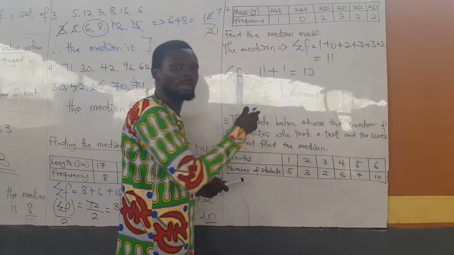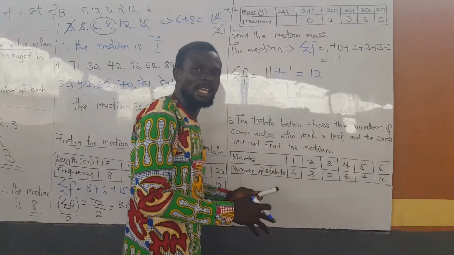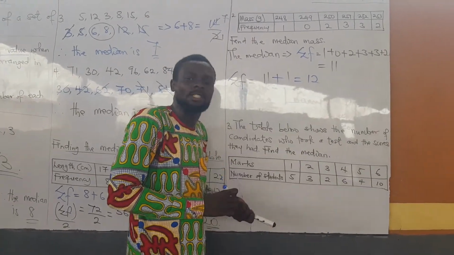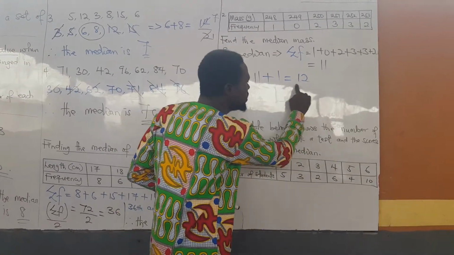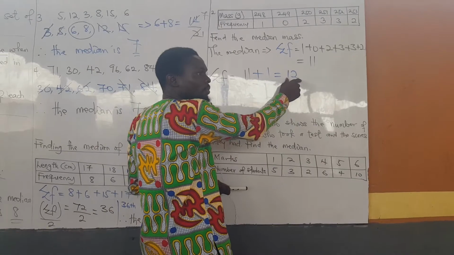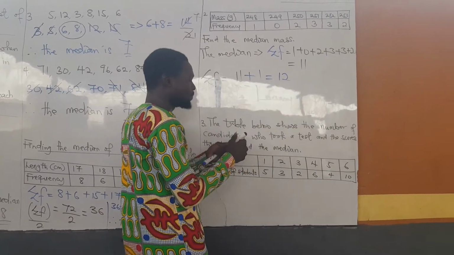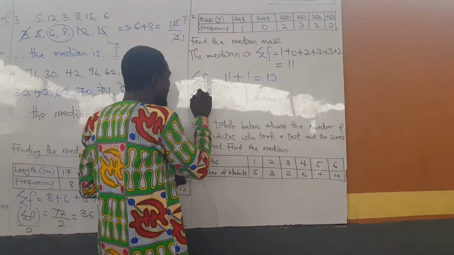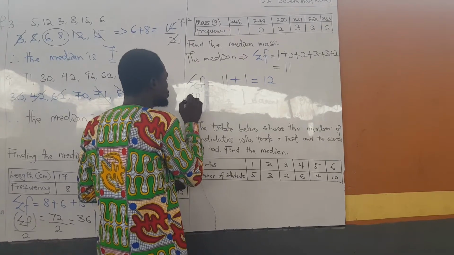Now this 12 becomes an even number and makes it possible for us to divide by 2.